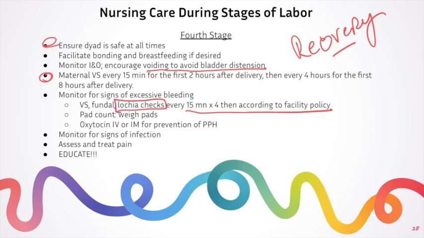If we're concerned that your client is bleeding more than she should, we can weigh their pads to make sure that there's not excessive bleeding happening. They're also going to give oxytocin to prevent a postpartum hemorrhage. Oxytocin will make that uterus contract, and that's how it works. Watch for signs of infection, assess and treat your pain, and educate your client and their family.